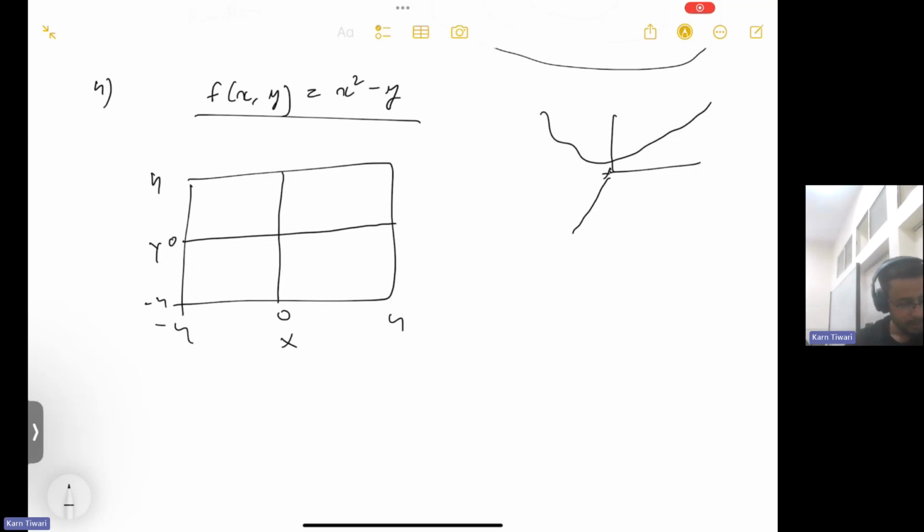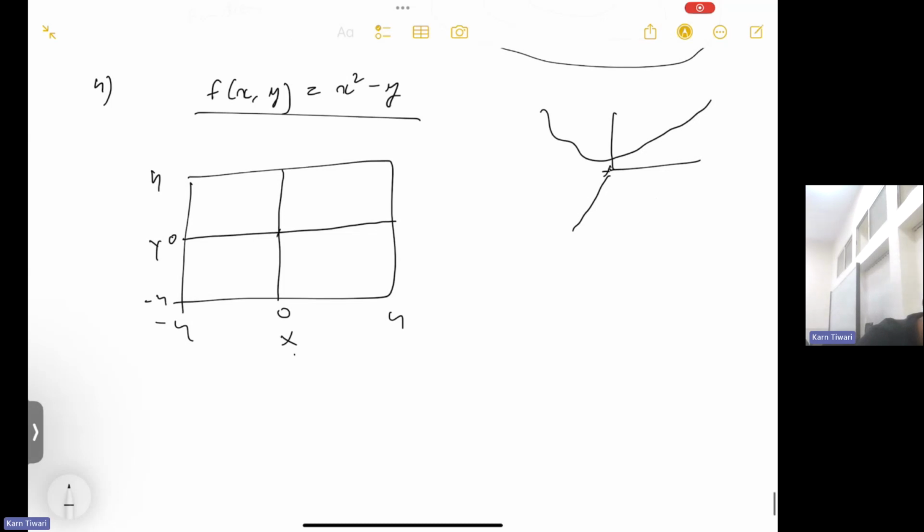Okay, if my x is 0, this line is a straight line. Its value is again a straight line. Okay, so in multivariate calculus, at 0 comma 0, it's 0. Okay, at 0, 0, it's 0.